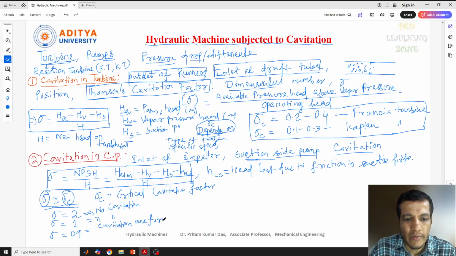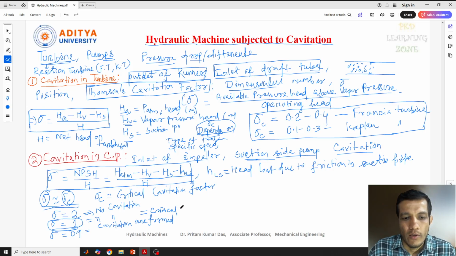So here sigma equal to 1 is our critical value, the critical cavitation factor for the pump or the turbine. For both cases we can consider the same thing.